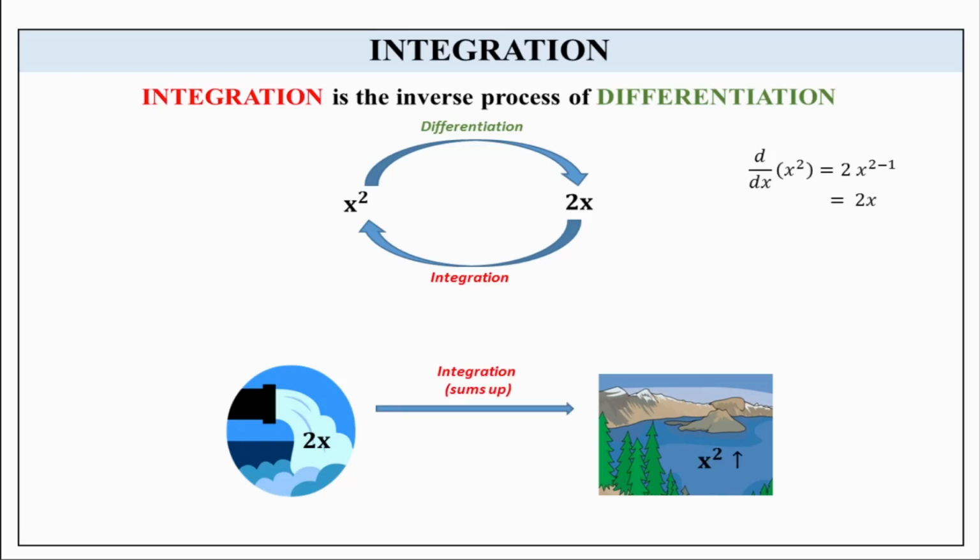So this is the concept of integration. Now if the volume of the reservoir is increasing by x square, then the rate of flow of water must be 2x, and this is the concept of differentiation. It's just a simple application of integration and differentiation.